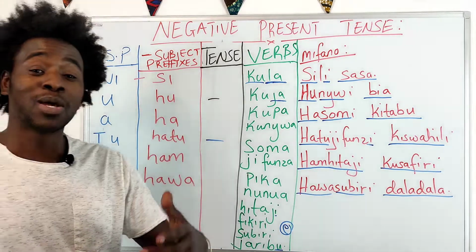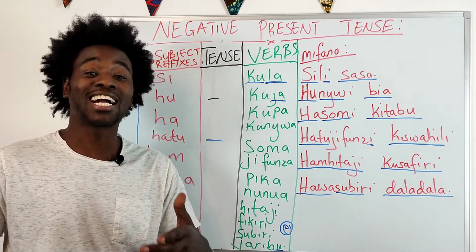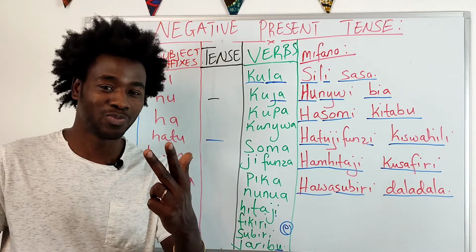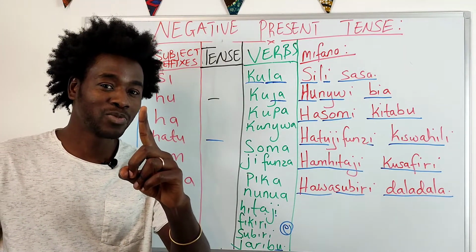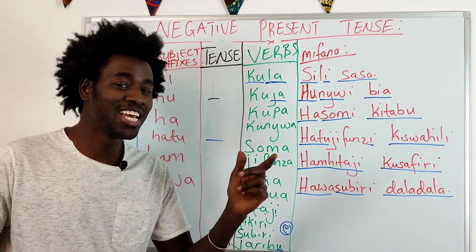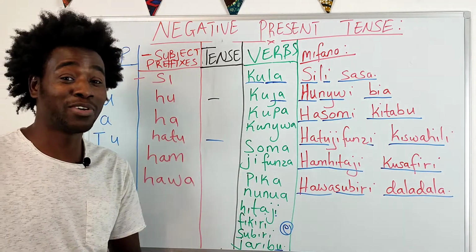And also, Bantu origin verbs are categorized into two. Verbs which have only one syllable, we call them monosyllabic verbs, and the non-monosyllabic verbs.